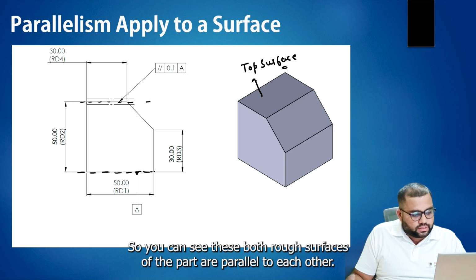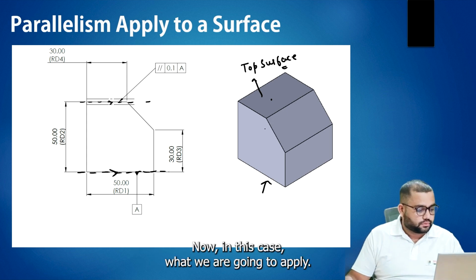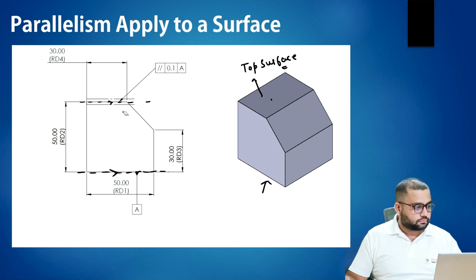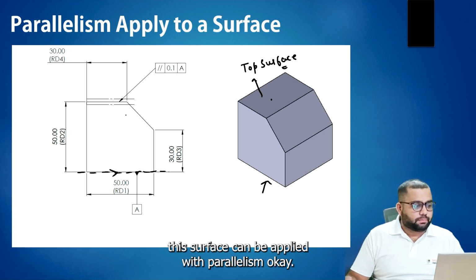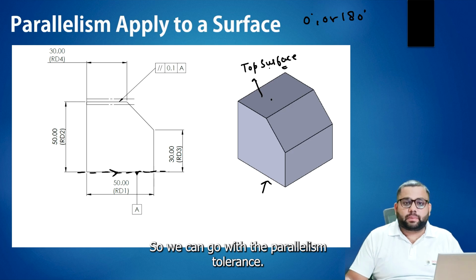You can see both surfaces of the part are parallel to each other. In this case, what are we going to apply? We already know that whenever there is 0 degree or 180 degree, we can go with the parallelism tolerance.